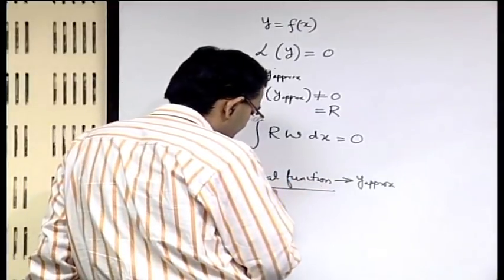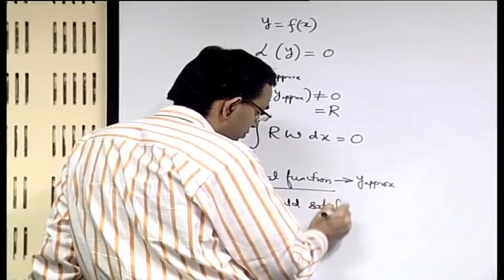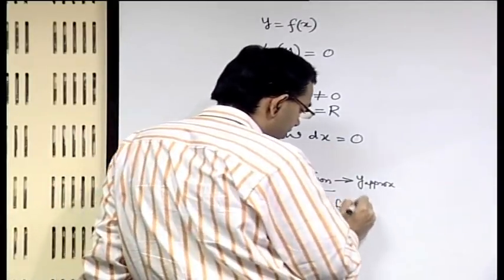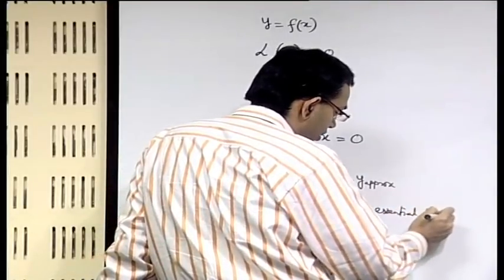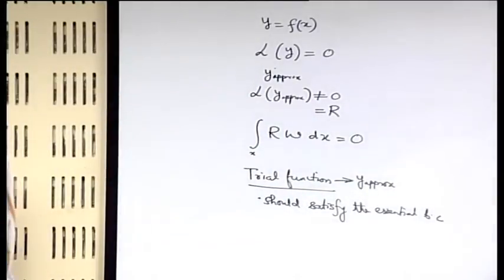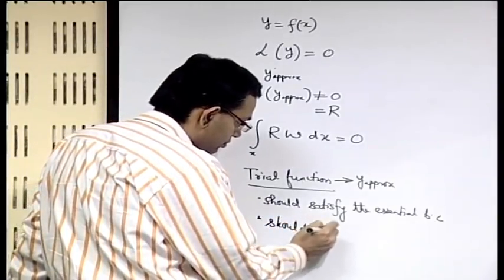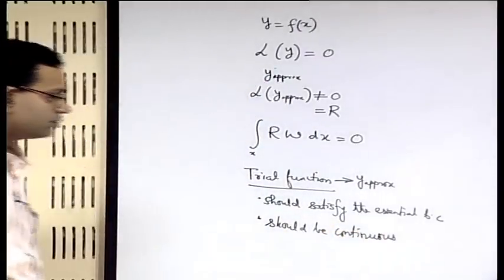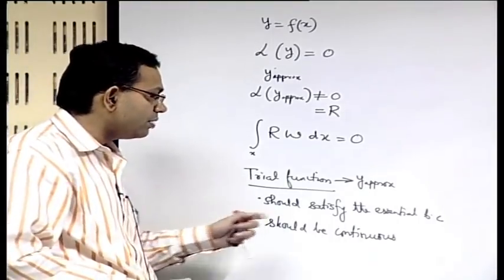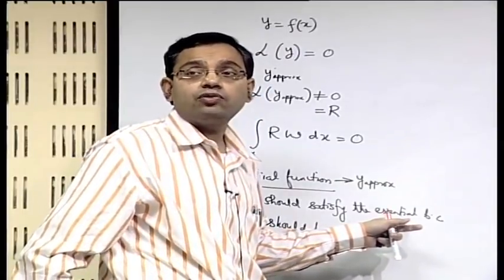So, the trial function should satisfy the essential boundary condition, should be continuous. Again we should keep in mind that satisfying the essential boundary condition is one of the key requirements.